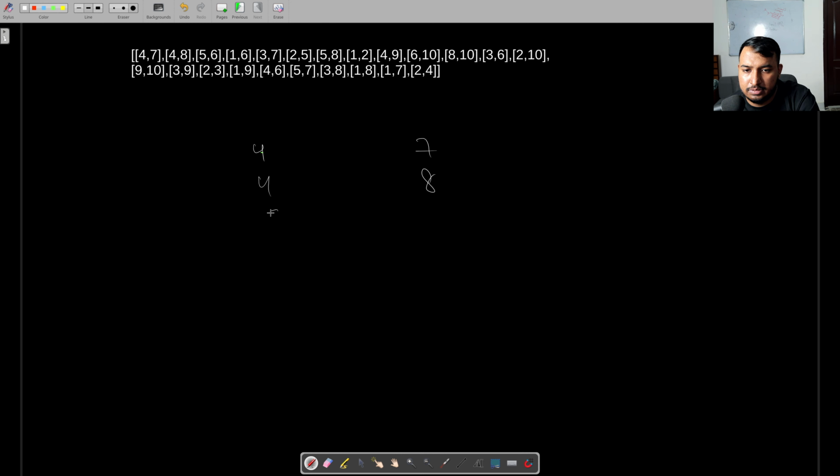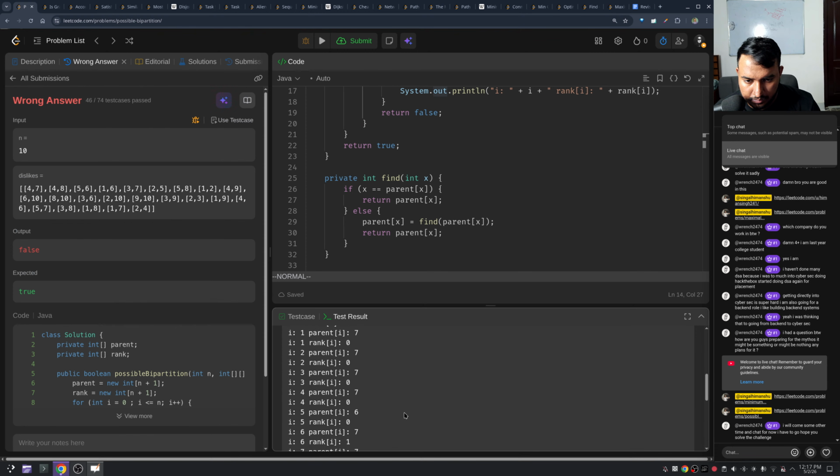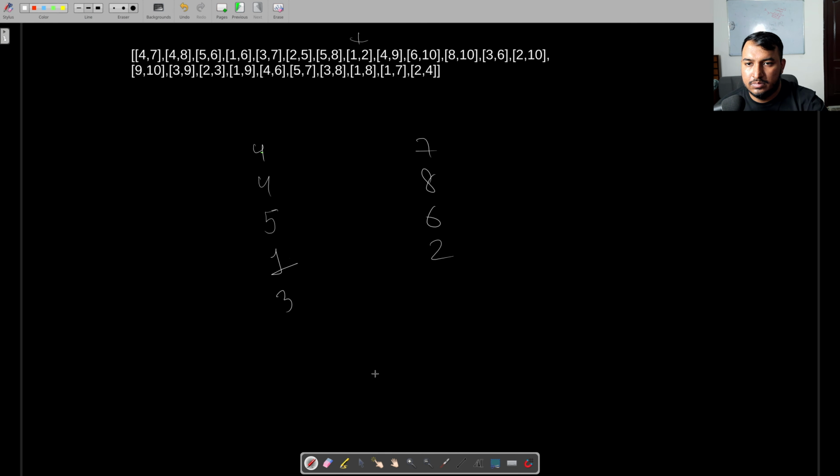We have 5 and 6: 5 goes here, 6 can go here. 1 and 6: 6 is already here, so 1 will be here. 3 and 7: 3 will be here. 2 and 5: 2 will be here. 5 and 8 is already present. 1 and 2: now this is the problem, right? 1 and 2 should already be different. How come parent of 1 is 7? I don't get that part.